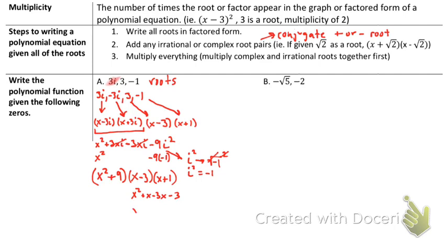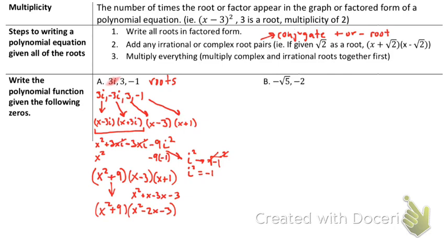And we're left with x squared minus 2x minus 3. And now we have x squared plus 9 getting brought down. Okay, and then we're almost done. We now just have to multiply this guy times this guy, and it should give us our final polynomial equation.